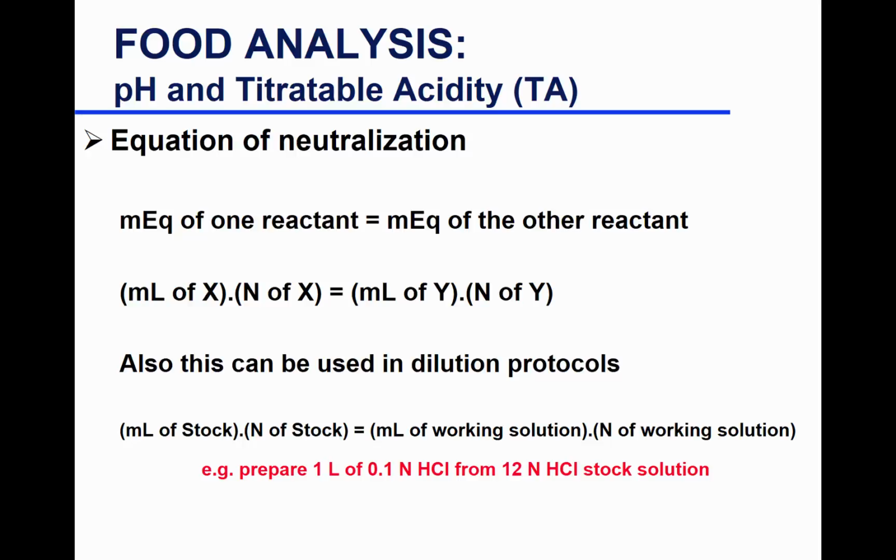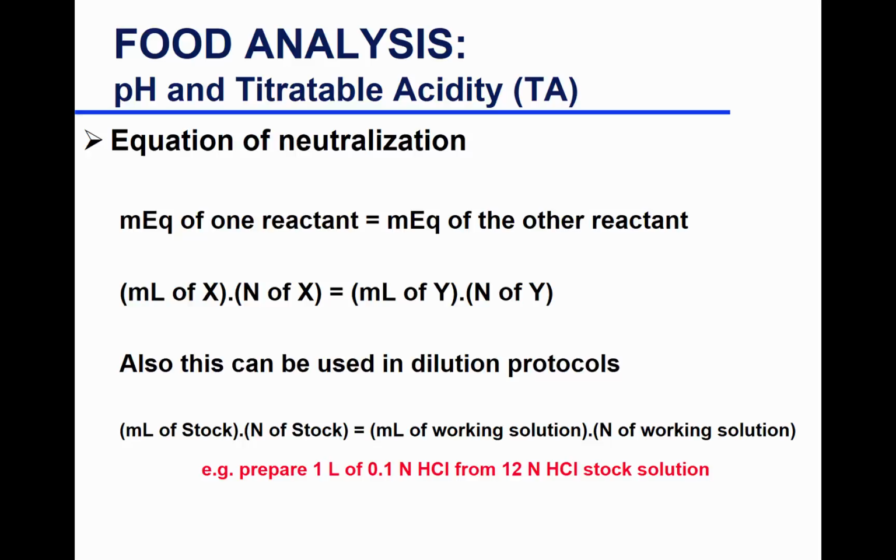So the equation of neutralization is what we will base our derivation of titratable acidity on, where you're often titrating your acid with a base, right? So at equilibrium, you have milliequivalents of one reactant equal to milliequivalents of another reactant. So milliequivalents of base equal milliequivalents of acid, for example. So milliequivalents are milliliters of one reactant times the normality, equals milliliters of the other times its normality.